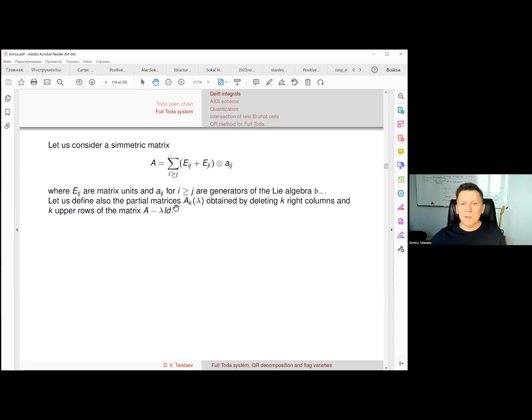We also define the partial matrices A_k of lambda, which are obtained by subtracting k right columns and k upper rows of the matrix A minus lambda times the identity matrix. So we just subtract some right part and some upper part.